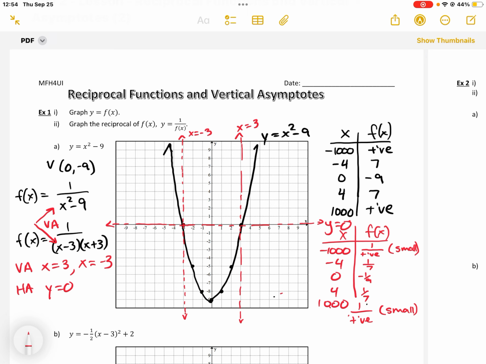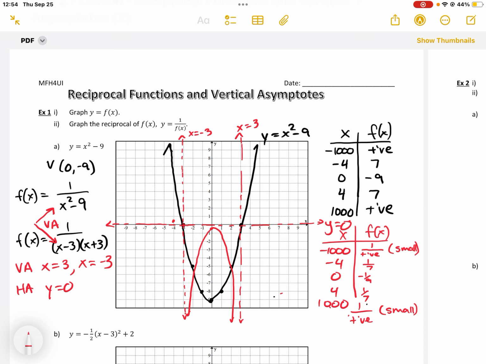I know that when x equals 0, I'm going to do the middle part first. I've got negative 1/9, which is somewhere in between 0 and negative 1. And then I know that I have to approach my asymptotes. My parabola is not going up because I can't cross that horizontal asymptote. On the left-hand side, at minus 4, I've got a value of 1 over 7, which is up here.